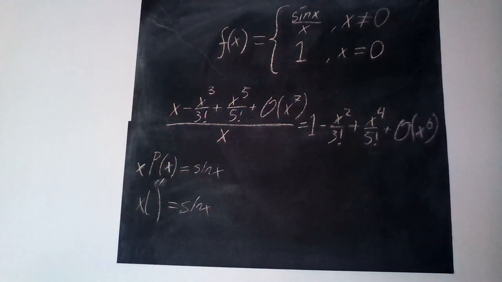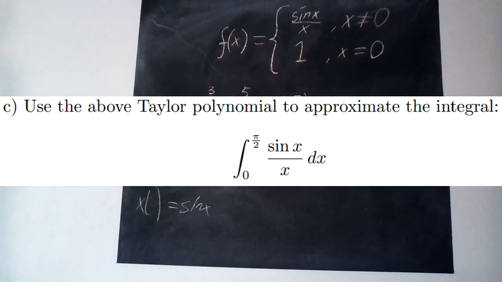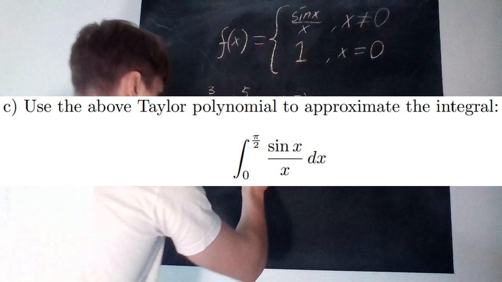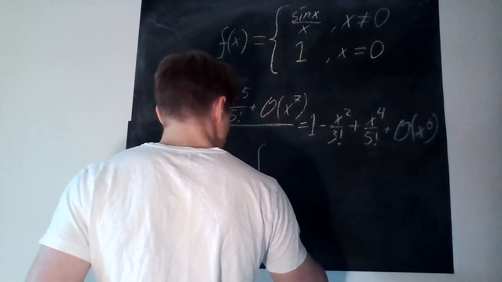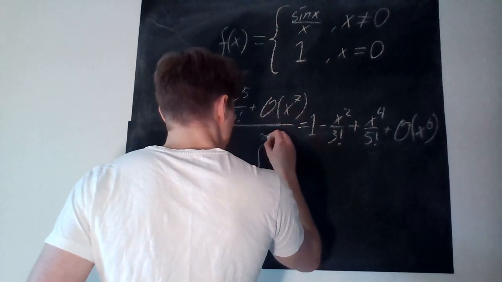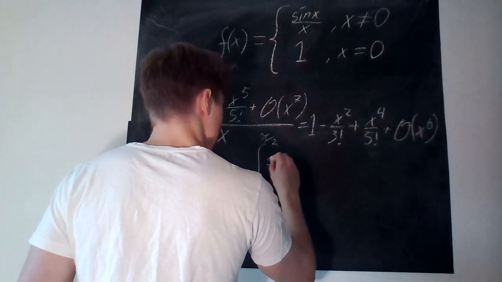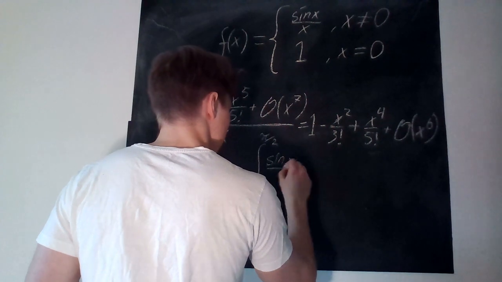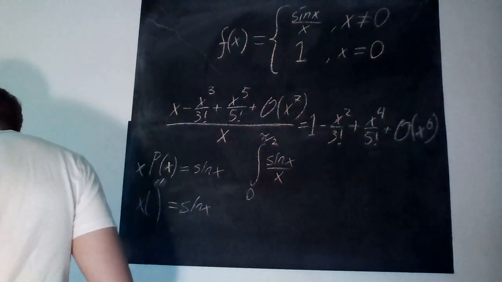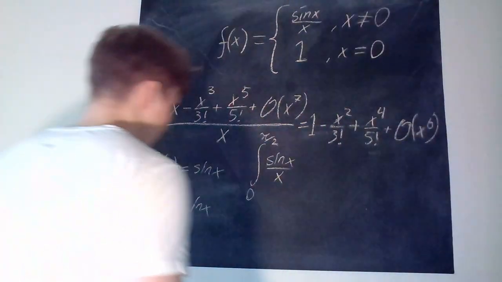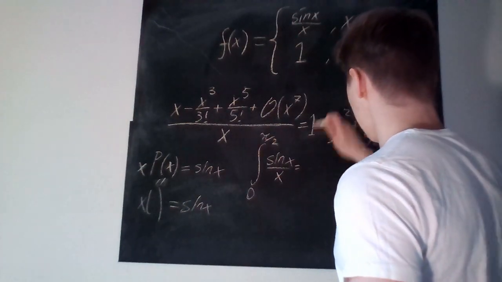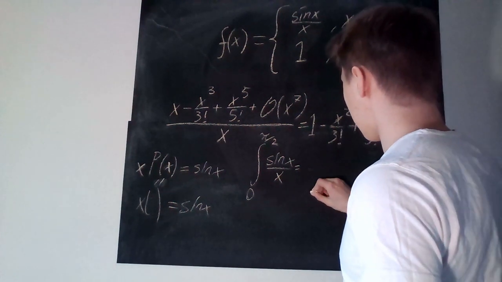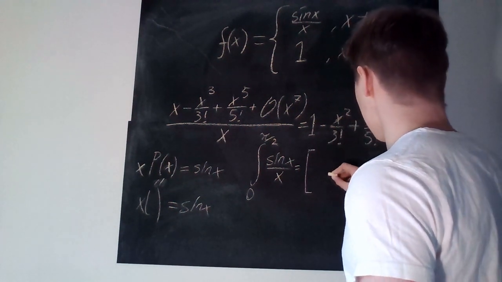And 3. Use the Taylor polynomial to approximate the integral from 0 to pi over 2 of sine x over x. Yes, exactly. And to do this, we just plug everything in, so we get the integral of this from 0 to pi over 2.